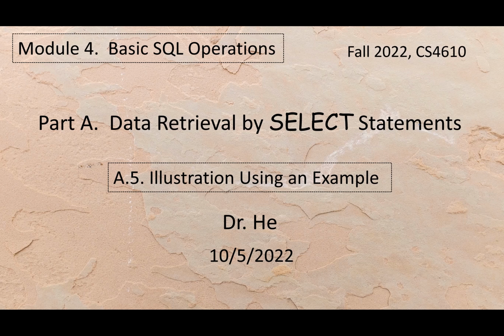When we understand the table join operation, we use our imagination at this point. So in section 8.5, I want to use a concrete example to show you the join details, so hopefully you can get a better understanding. Illustration using an example.